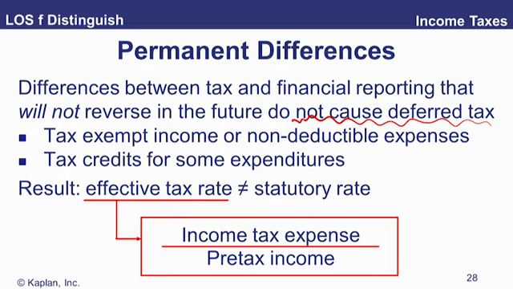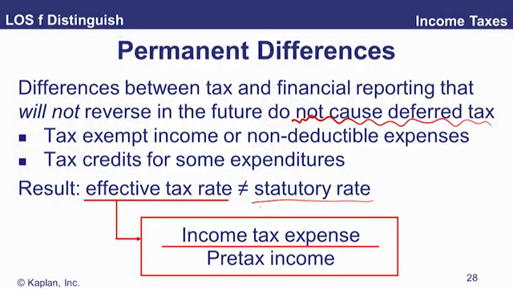So we take the income tax expense from the accounts over pre-tax income or profit before tax to get our effective tax rate. And notice when there are permanent differences around, that will no longer equal our statutory rate. Note, if you had temporary timing differences, then that does not cause the effective and the statutory tax rate to differ. The statutory tax rate is the rate that is applied from the tax code.